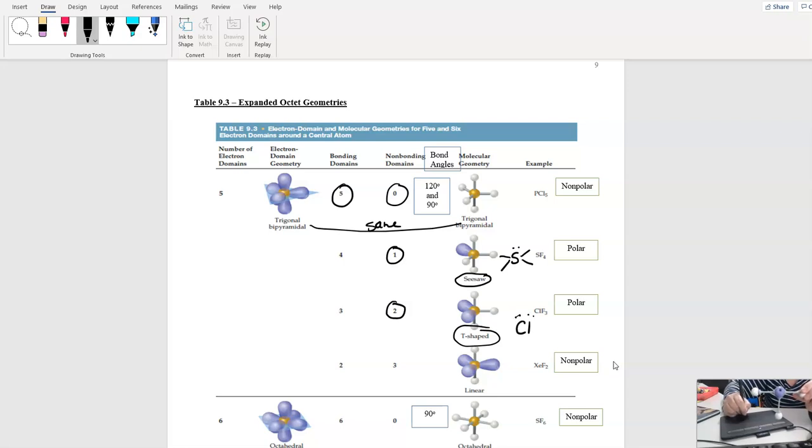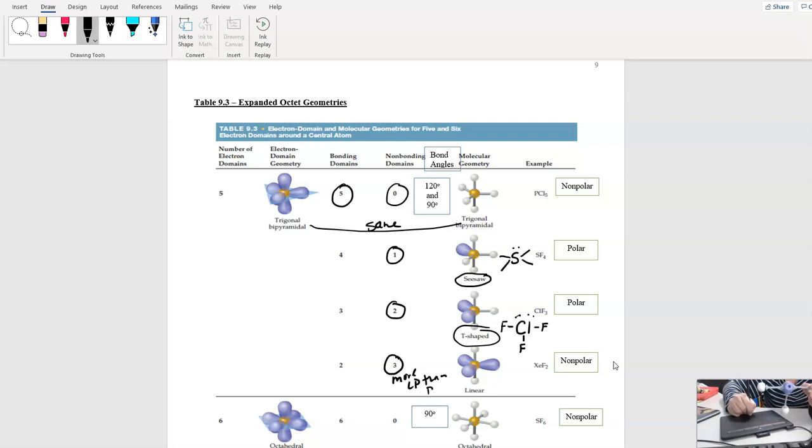The lone pairs kind of gang up in the corner, and you got the fluorines on the side. I'm not going to draw the lone pairs for time purposes, but you got those lone pairs in the corners, as you see right there. And then there's your fluorine. There's your T-shape.